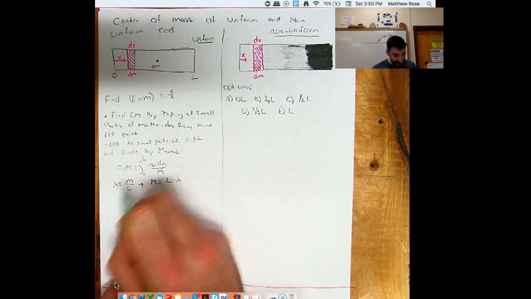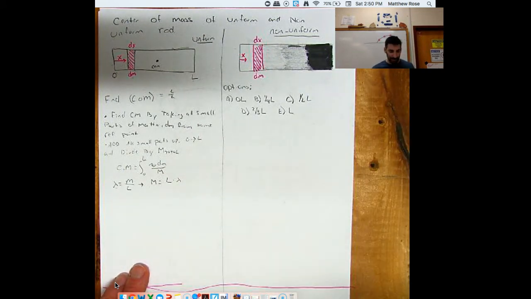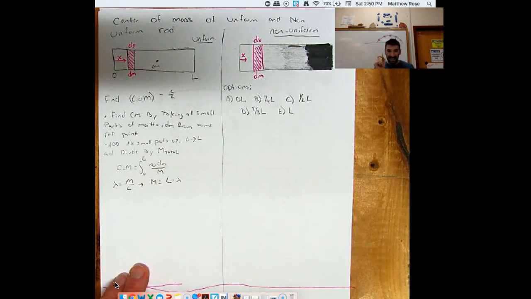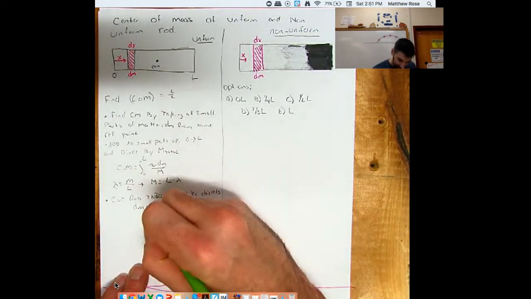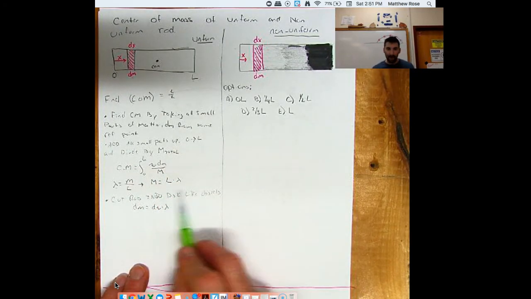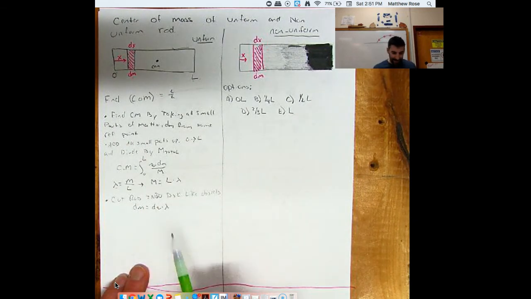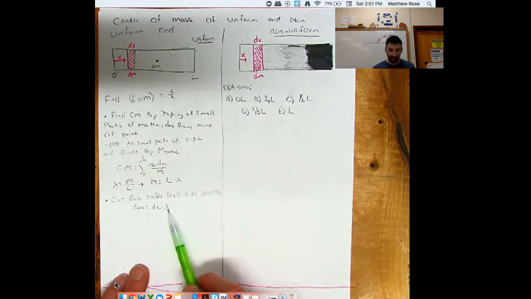I'm going to sub this guy in. Oh, rephrase, I'm jumping ahead of myself. I'm going to take my object and cut that rod into thin little pieces, that dm, such that I can sub things in. Because I know my linear mass density, I'm going to say dm is equal to dx times lambda.